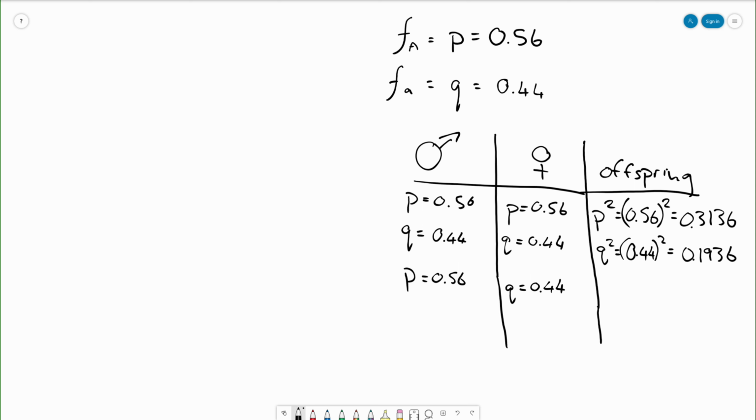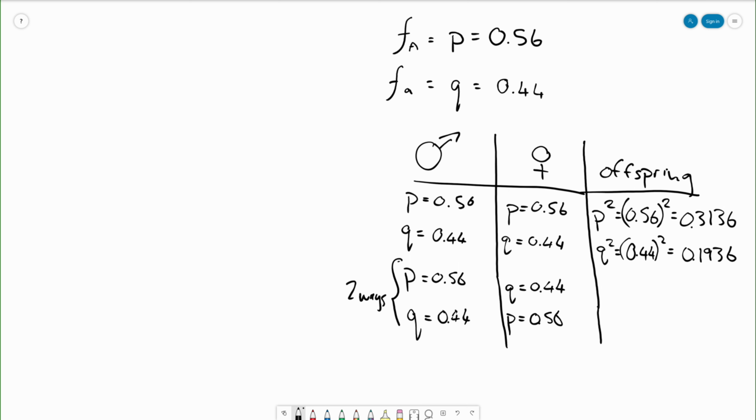But the other way is that if the male gamete carried the little a allele, which is going to occur with probability 0.44, and the female gamete carried the big A allele, which is going to occur with probability 0.56. So indeed, there are two ways to form a heterozygote.